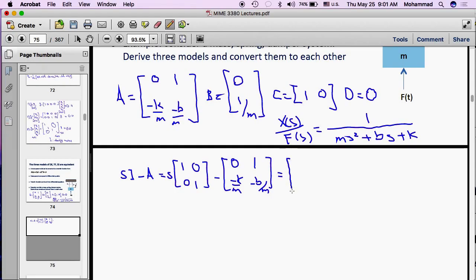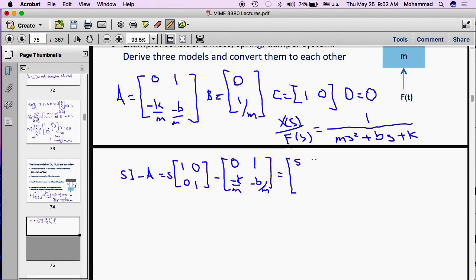Now sI becomes [s, 0; 0, s]. Now we need to take s and subtract from it what? What element gets subtracted from this first element? The same counterpart in the second matrix. So s minus 0, which is s.